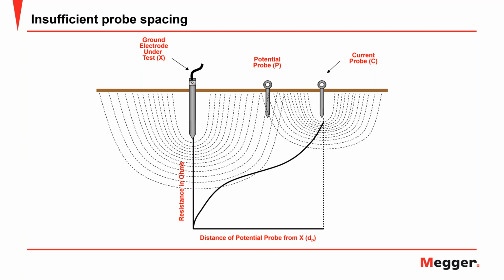So in this case, you'd have to go out further with your current probe. We're not going to go into depth on this today, but in the upcoming webinar on methods, we'll teach you how to deal with that. But you would have to move your current probe further out and retest. Next.